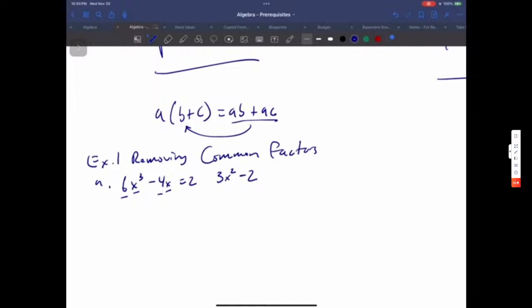We know there is a minus sign between them. And we've pulled out 2x. So each term had an x, each term had a 2. We were able to factor that out of the binomial there. And so we end up with a factorization of 2x times 3x squared minus 2. And that is complete.